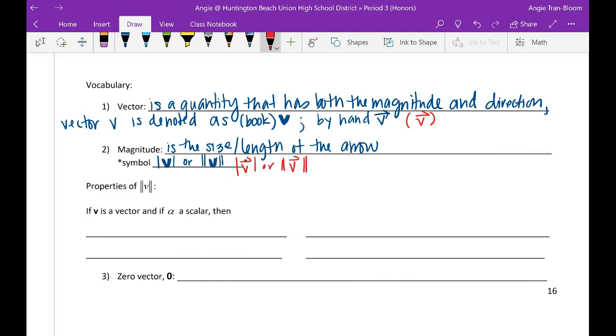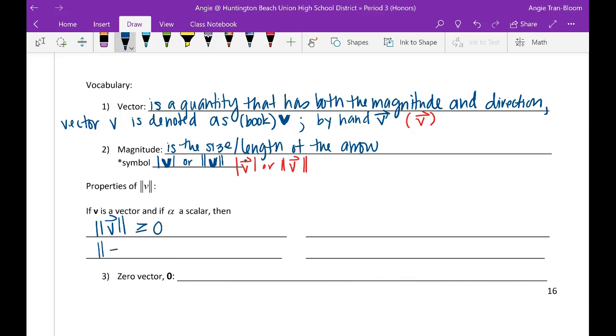So some properties of V, okay? So some properties of the magnitude are, if V is a vector and if alpha is scalar, then the magnitude of vector V has to be greater than or equal to 0.